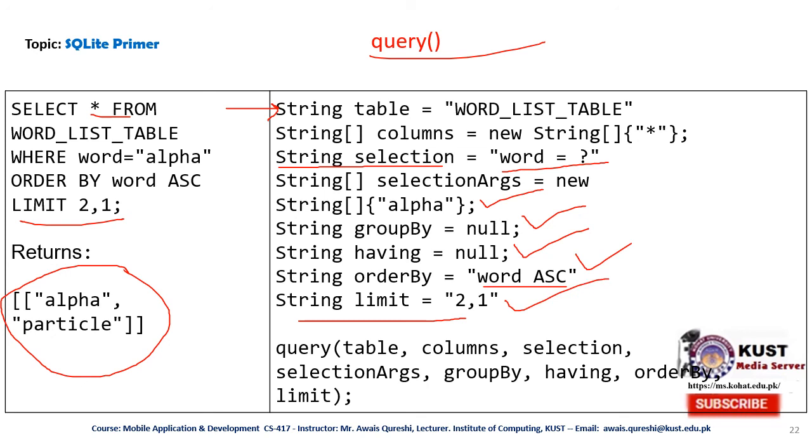So in that case we can use query. First of all, we give the table, and this is the first argument, table, and similarly this is the 1 and this is 2, columns. Okay, this is also a way of doing different things, and this is the column number 3, selection, third array, and this is the fourth one, its arguments, you can see over there, and this is the 5, and this is 6, and this is the 7.